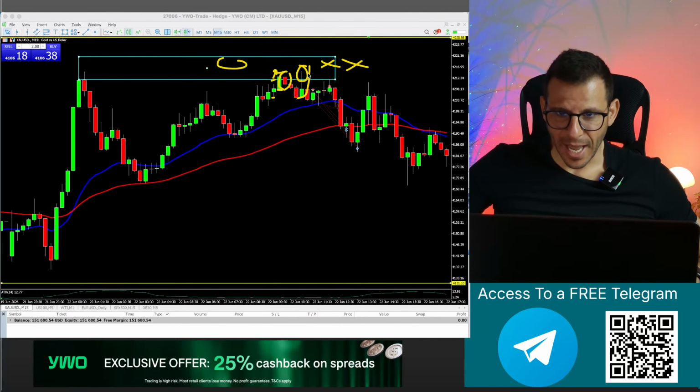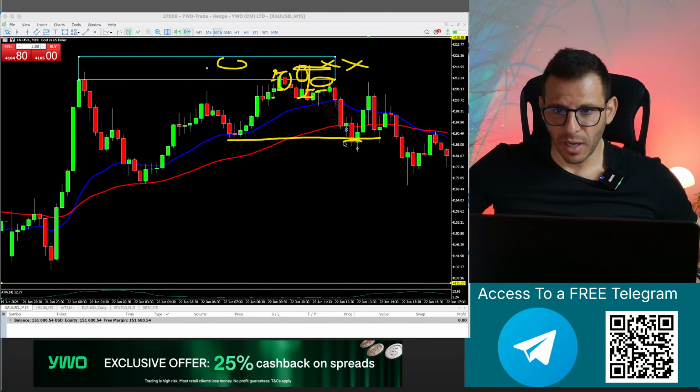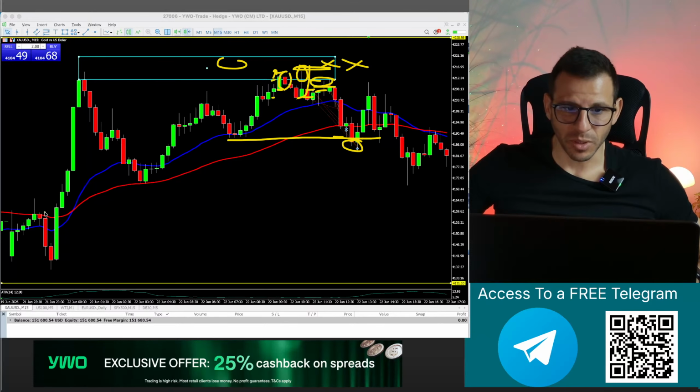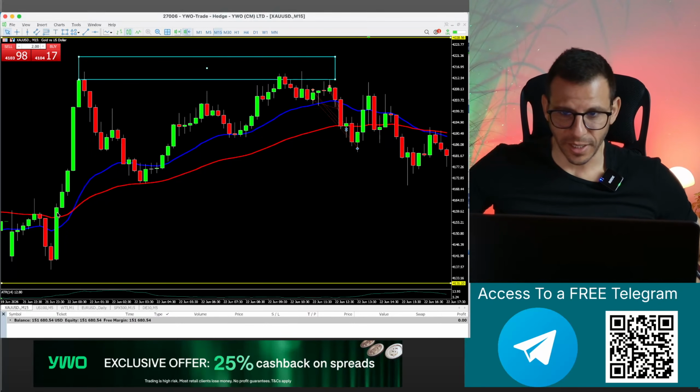So I hid my stop losses above this high, and I got in with four trades here, and I closed everything around this support, as you can see. So I got in from the top until that support. That was a good trading day, okay?